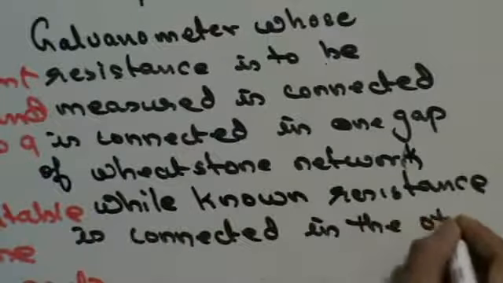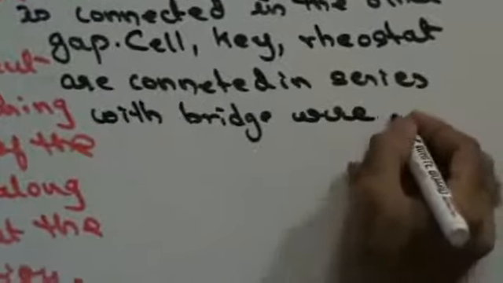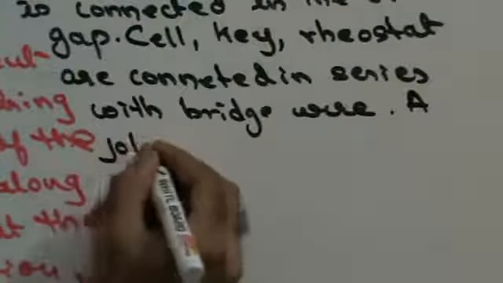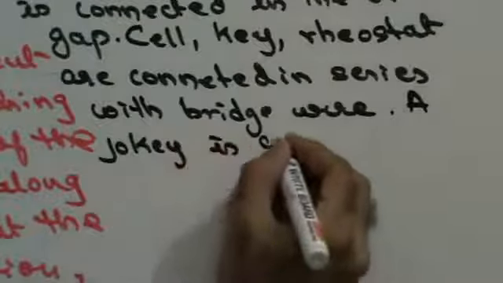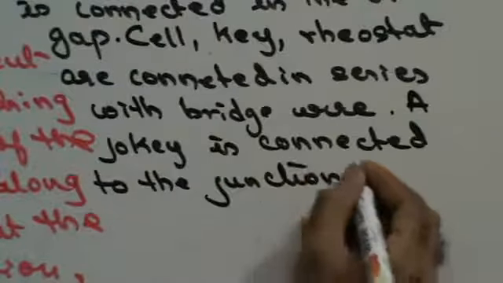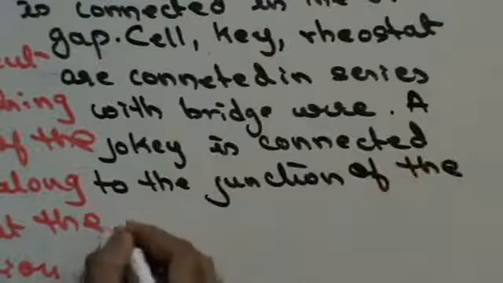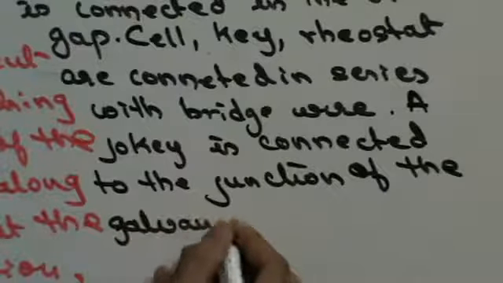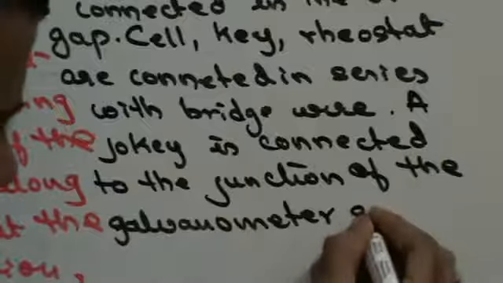A jockey is connected to the junction of the galvanometer and resistance box.